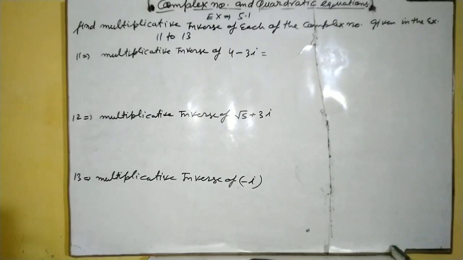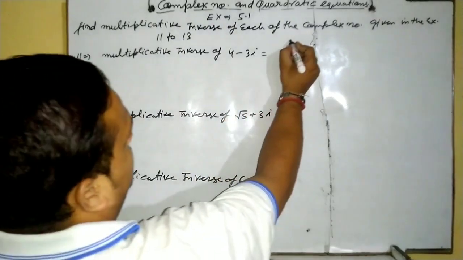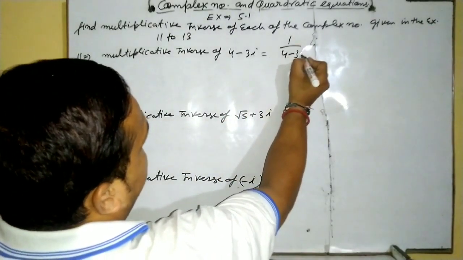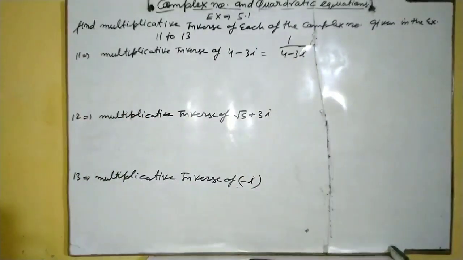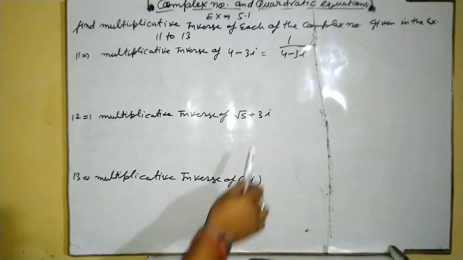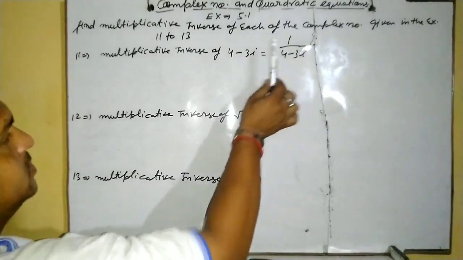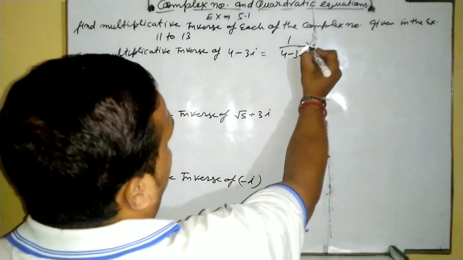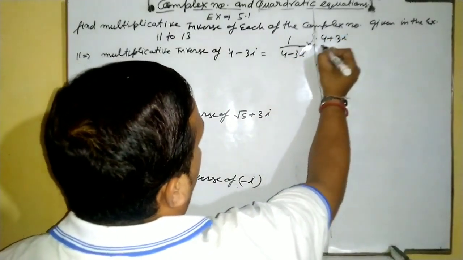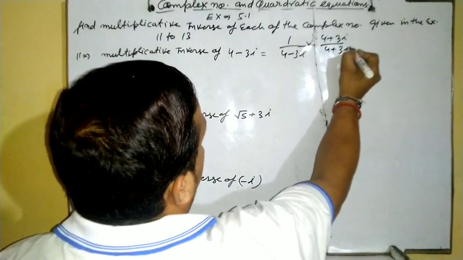Find the multiplicative inverse of each of the following complex numbers given in exercise 1 to 13. First question, number 11, multiplicative inverse of 4 − 3i. You know very well the inverse of a is 1/a, so this will be 1/(4 − 3i). We have to realize the number, so just multiply by the conjugate, which is 4 + 3i, in numerator and denominator.